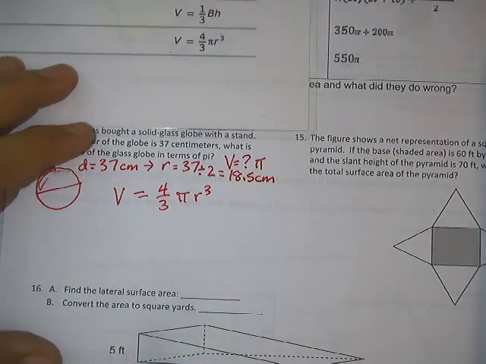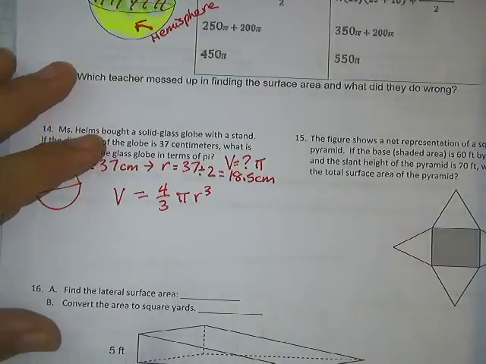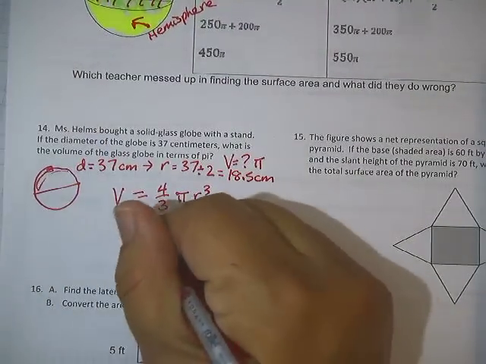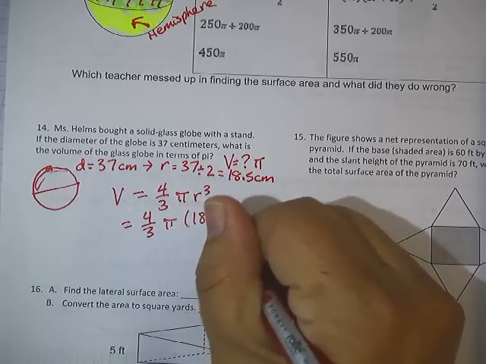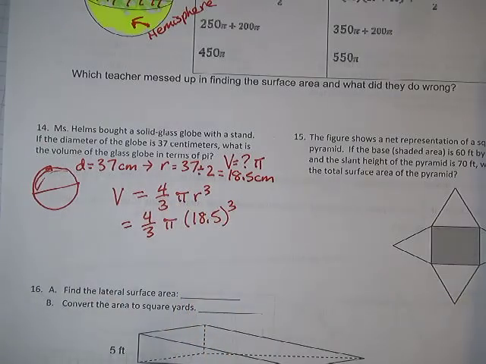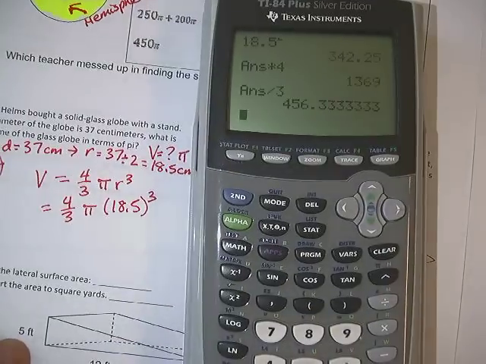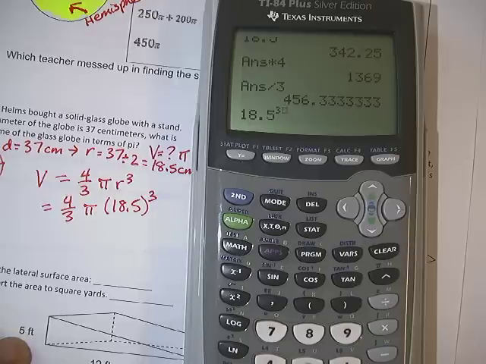Now, believe it or not, you've been doing pi r squared so much since 6th grade that you sometimes will square something even though you're supposed to cube it. So let's do this. Pi, and I'll have 18.5 cubed. How do I cube on the calculator? There are two ways. I'm just going to use the easy way for cubing: 18.5 cube. There you go.